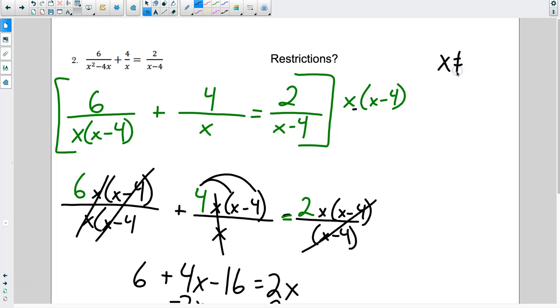X cannot be 0 and what else? 4. Was our solution 4? No. Was our solution 0? No. So it works.